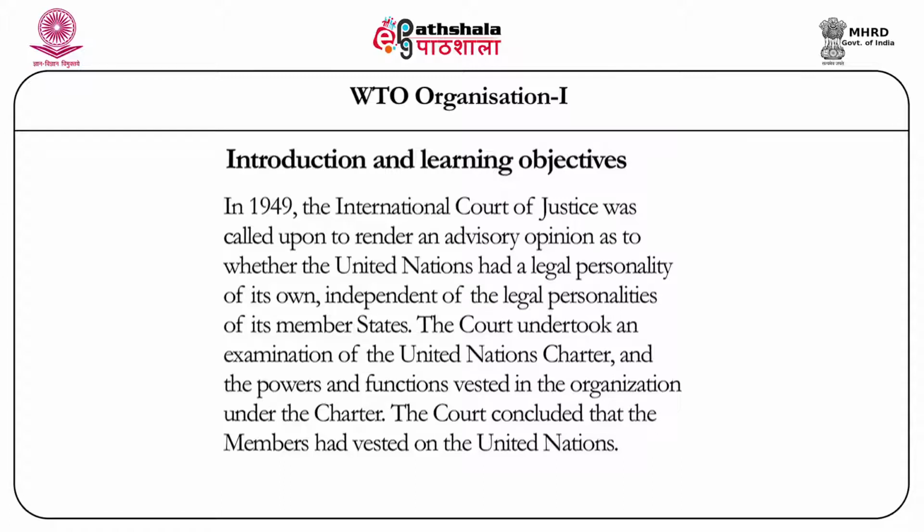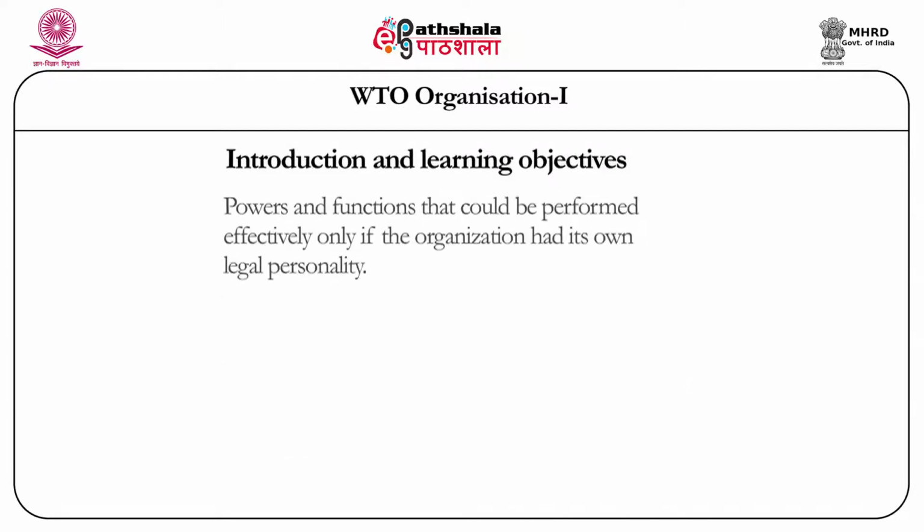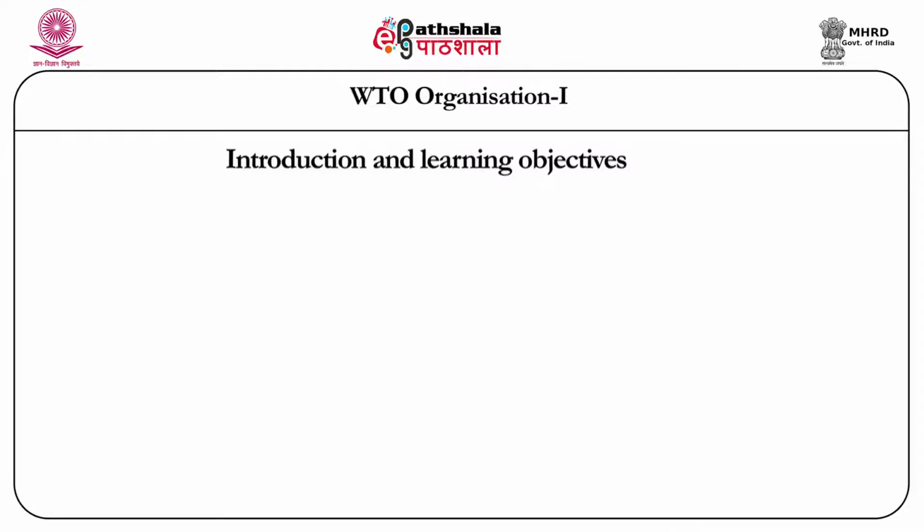The court undertook an examination of the United Nations Charter and the powers and functions vested in the organization under the Charter. The court concluded that the members had vested on the United Nations powers and functions that could be performed effectively only if the organization had its own legal personality.